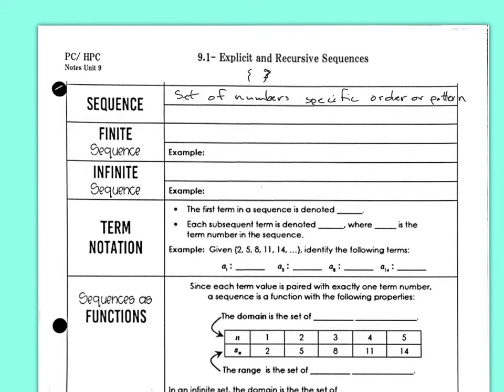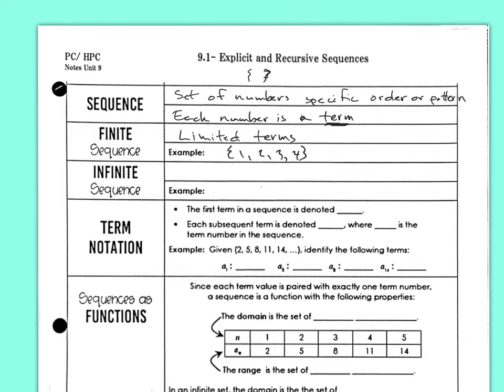And then each number in your list, so each number or value, is a term. And that matters. So each number is a term. A finite sequence has a limited number of terms, basically no dots, like 1, 2, 3, 4.